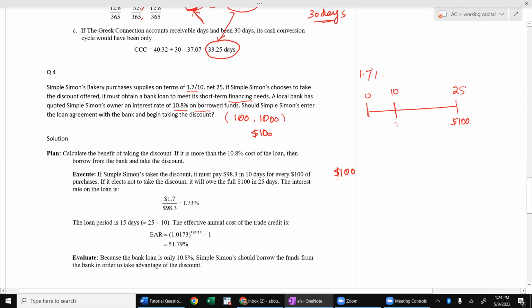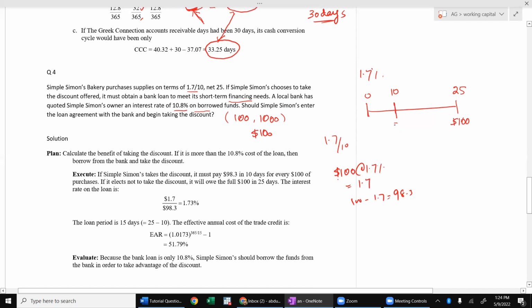Okay, but if you pay on the 10th day, you will get a discount of 1.7%. So 1.7% of 100 is 1.7. So 100 minus 1.7 is 98.3.